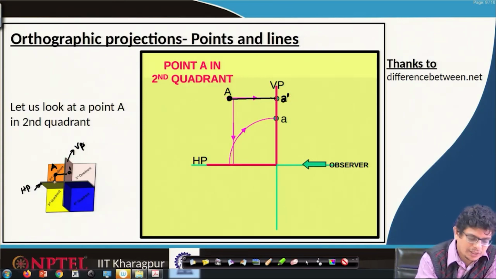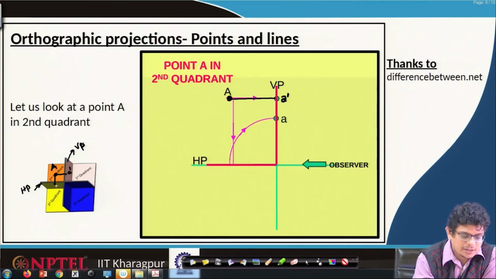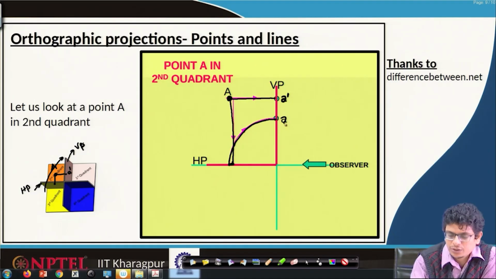Now, project this one onto this bottom side and fold this by 90 degrees clockwise, so that whatever we have projected on the horizontal plane is uncovered in that direction, so that A will be located.